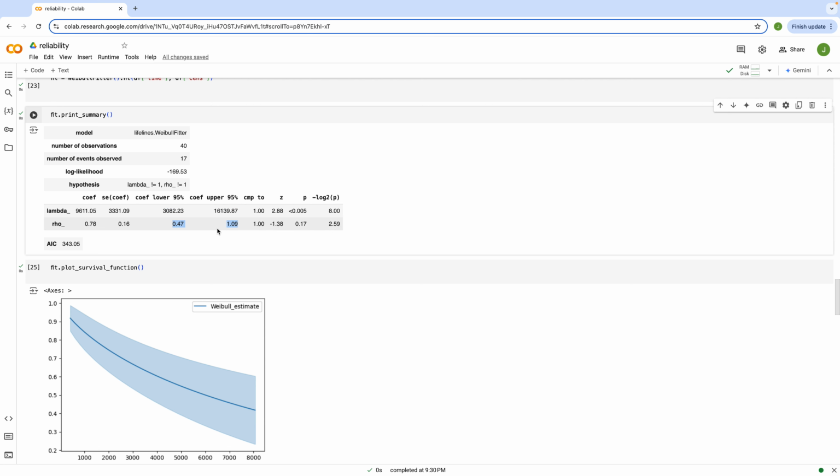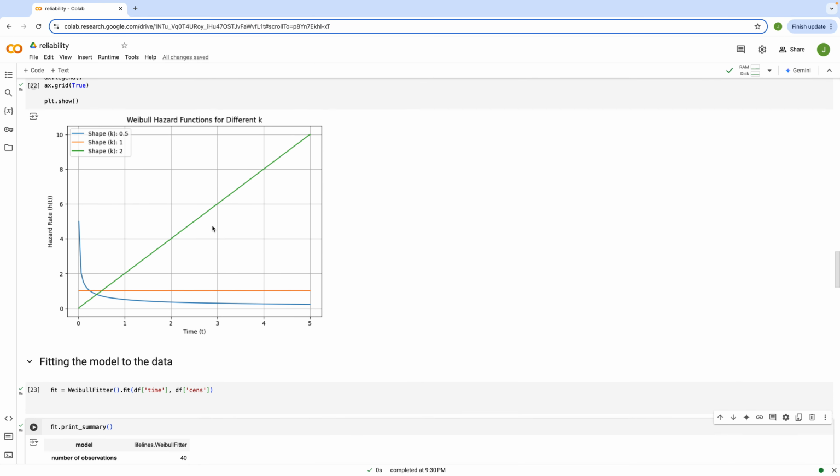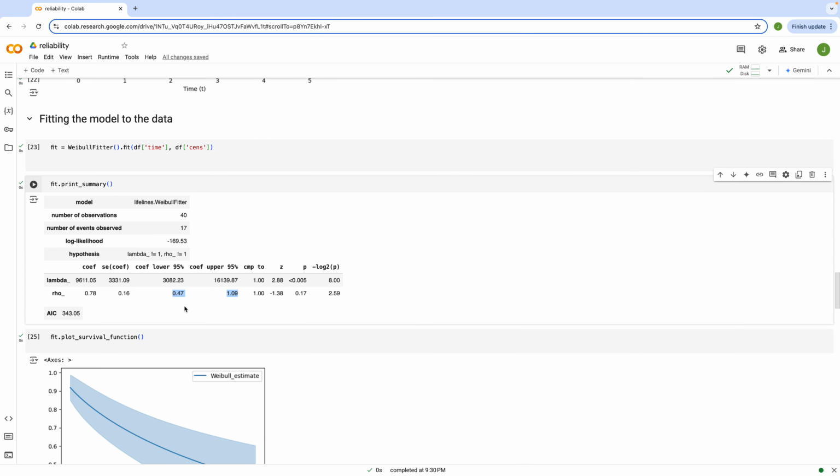One thing that is very interesting here is that according to this confidence interval, this value of rho, which plays the role of k above, could be 1. 1 lies within the interval, so it could be 1. It's estimated to be 0.78 though.